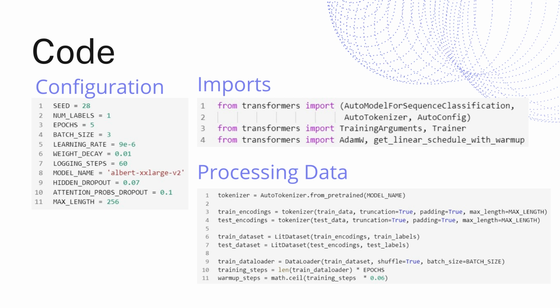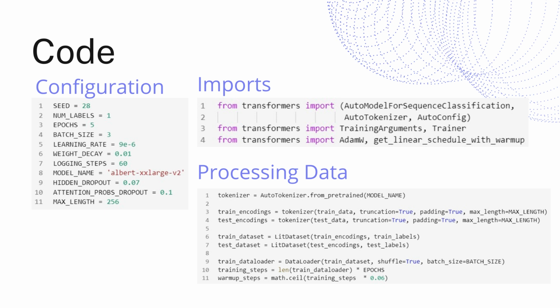Now, moving on to the imports. All the imports are from the transformers library. Actually, the transformers library makes model training quite easy. You already have a lot of inbuilt stuff. From transformers we import AutoModelForSequenceClassification, AutoTokenizer, and AutoConfig.